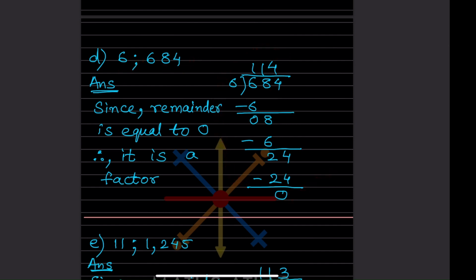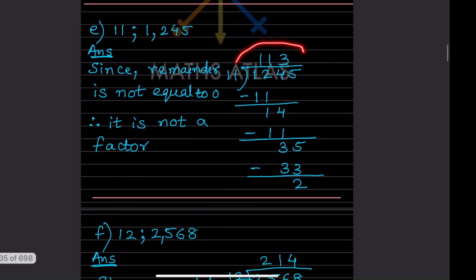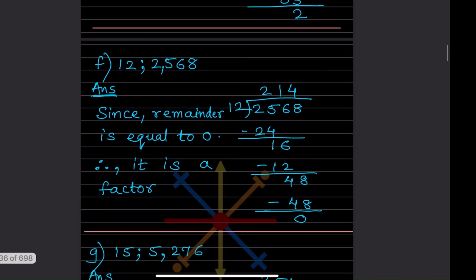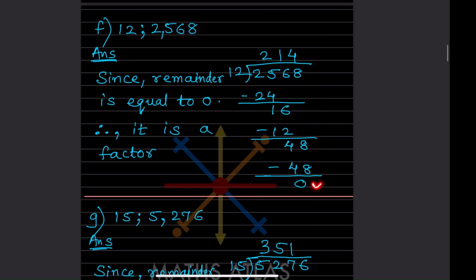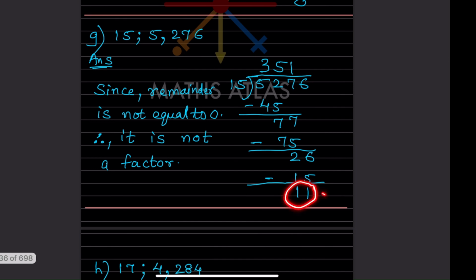So therefore it is a factor. For this one, the remainder is 2. Therefore it is not a factor. These things we have to write. Here the remainder is 0, so it is a factor. Here the remainder is not 0, so it is not a factor.